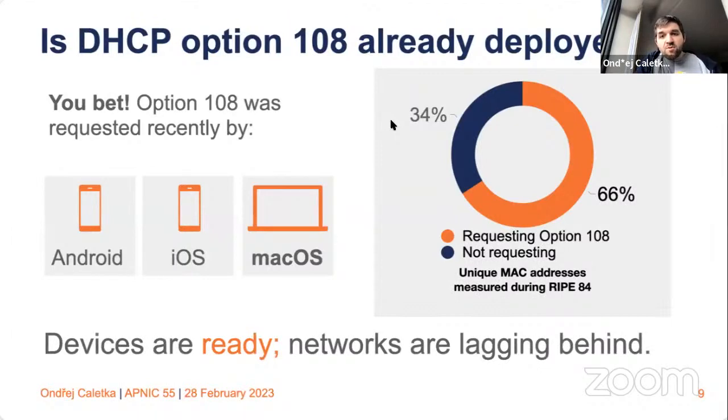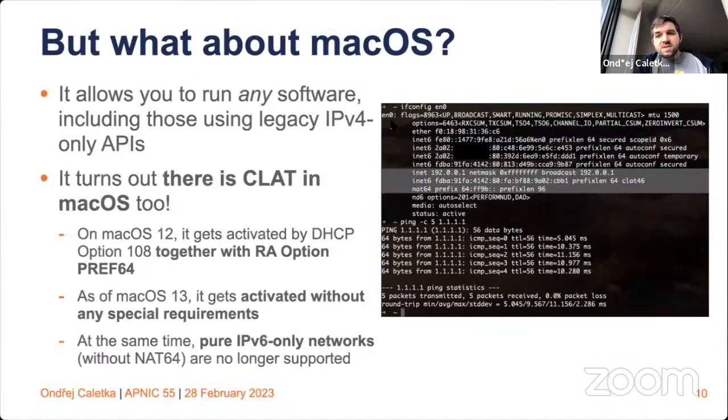One more thing is about macOS, because it is interesting in that macOS allows you to run any software. You are not tied to a particular app store like with iOS or Android. So you can run any software, even software that, like I said, is broken on IPv6-only networks. And it seems that this has been solved by Apple by implementing CLAT in macOS as well.